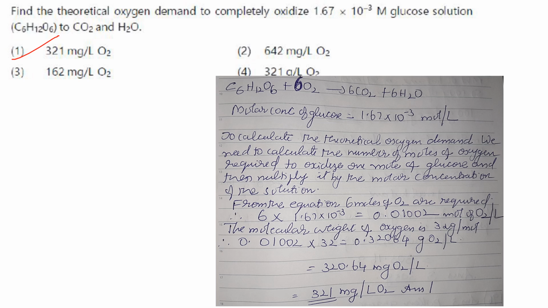So 0.01002 × 32 is equal to 320.64 milligrams oxygen per liter, or 0.32064 grams oxygen per liter. So the answer here is option 1, that is 321 milligrams per liter oxygen.